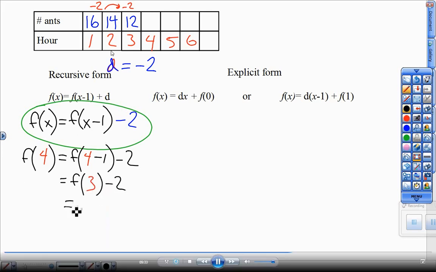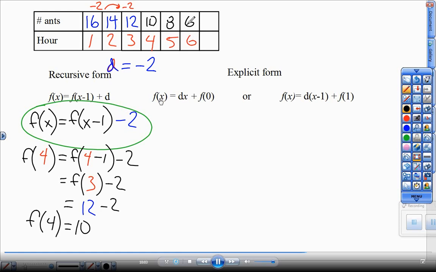I'm going to find what the third value in this table is, or when x is 3, what y is, or f of x is. That's going to be 12. So I'm going to replace that with the function at the third term, 12 minus 2, which tells me at the fourth term I get 10. That supports the work. And of course, 10 minus 2, 8, minus 2, 6.